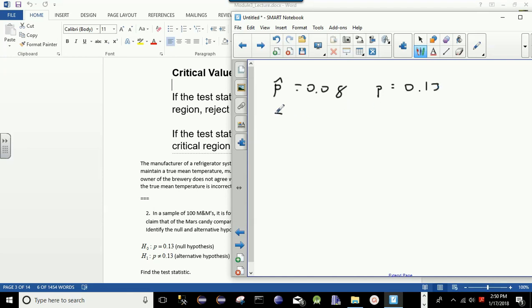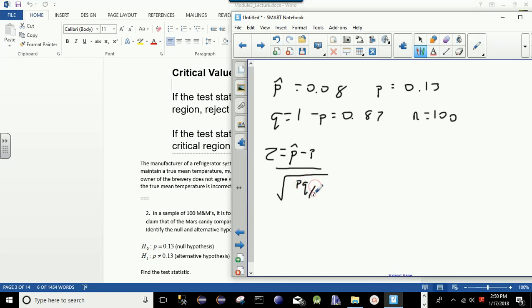Okay, Q is equal to 1 minus P, which is equal to 0.87. N is equal to 100. Okay, and what else? We have Z is equal to P hat minus P divided by the square root of PQ over N.